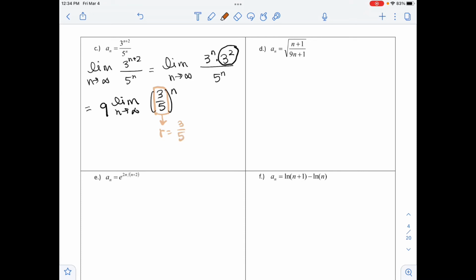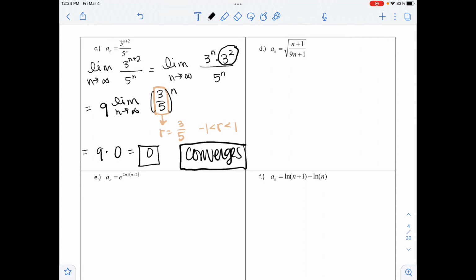And since it's in between -1 and 1, we can say that this is going to equal 0. And so we have 9 times 0, which is just going to equal 0. And so this converges, since 0 is a value, it's a number.